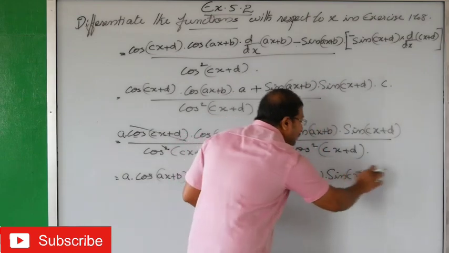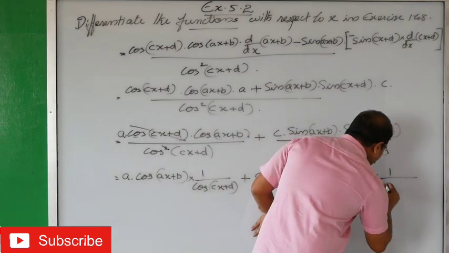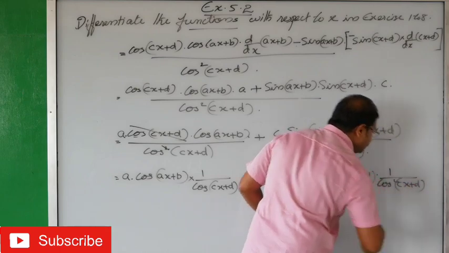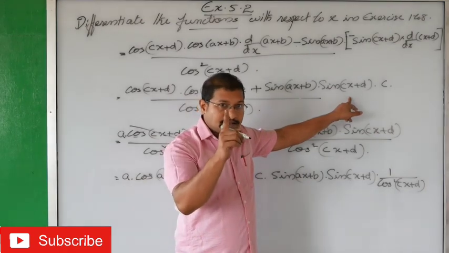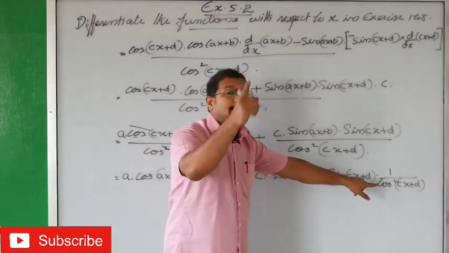This denominator will write separate, means what you will write? 1 by cos square cx plus d. But we know that 1 by cos is sec. 1 by cos is sec. That means 1 by cos square will write sec square.